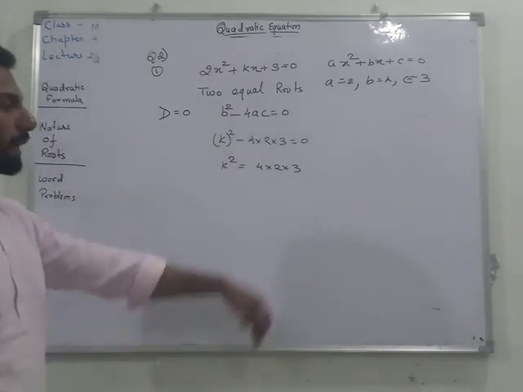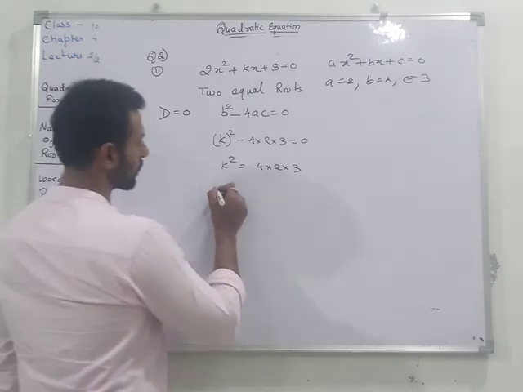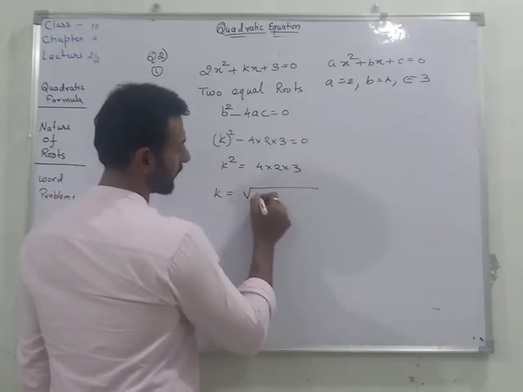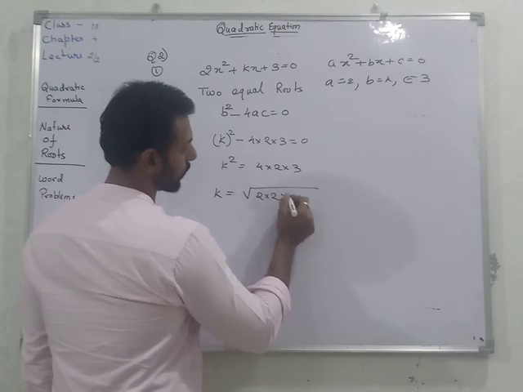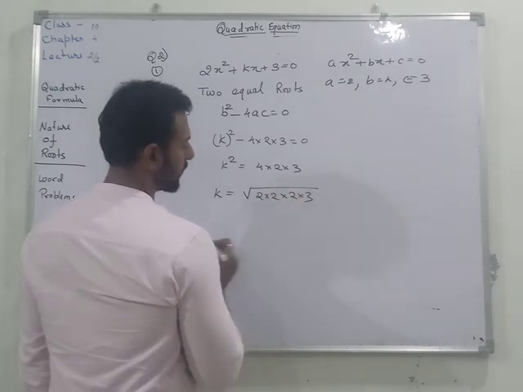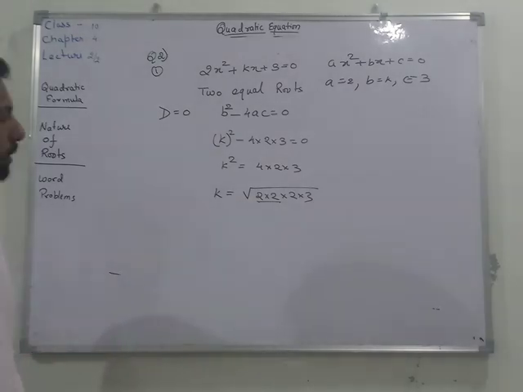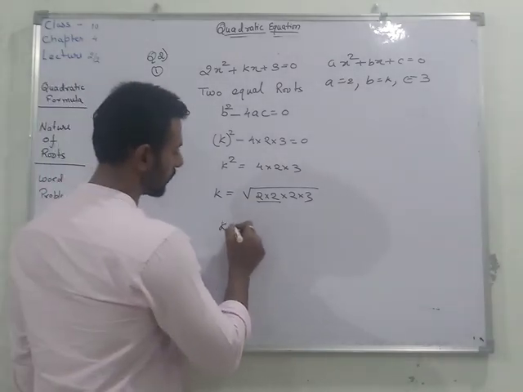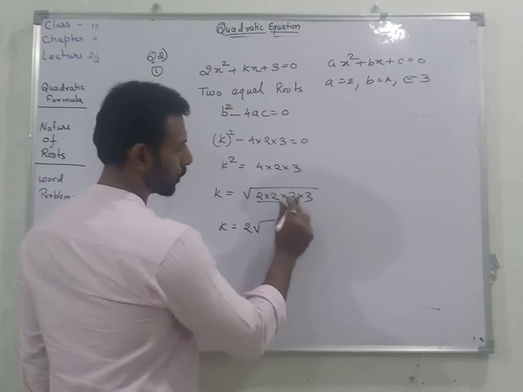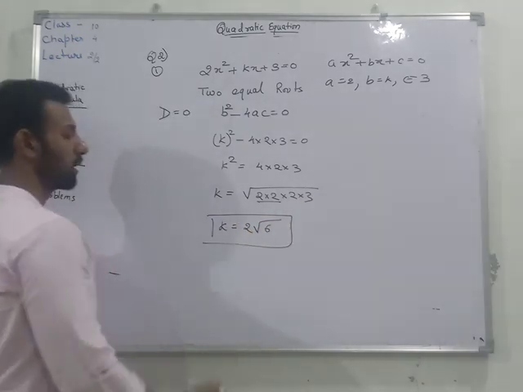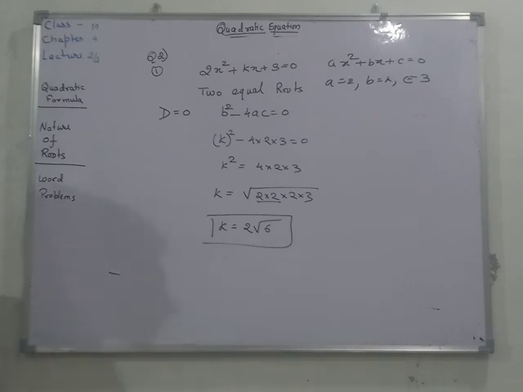Taking the square root, k = √(4 × 2 × 3). 4 can be written as 2 × 2, so this pair of 2 can be taken out from the root. So k = 2√(2 × 3), which is 6. So the value of k is 2√6.